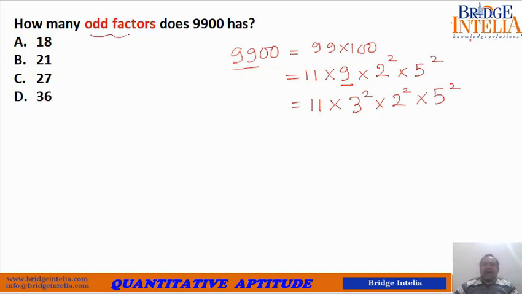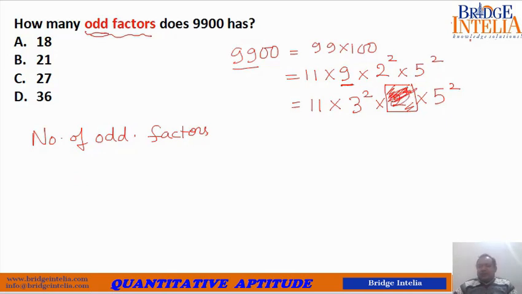The question is, how many odd factors? While finding the number of odd factors, what do you do? You completely ignore any power of 2. This is not required because we are interested only in odd factors. So I am going to completely ignore this and form the factors using the other prime numbers.